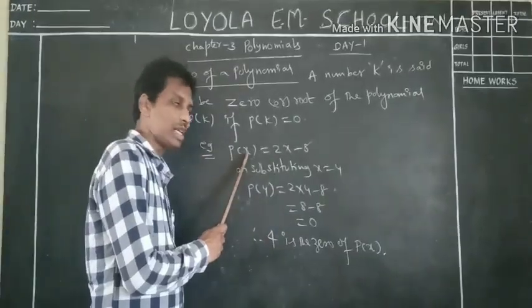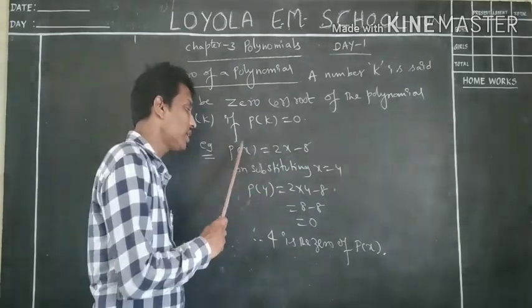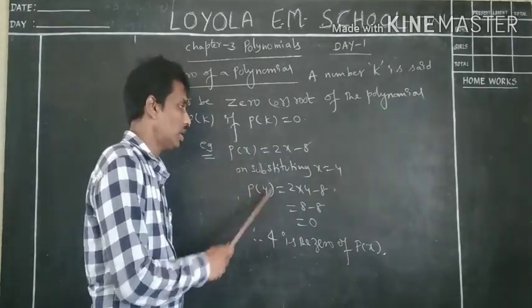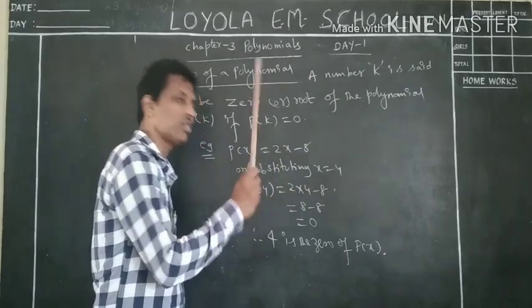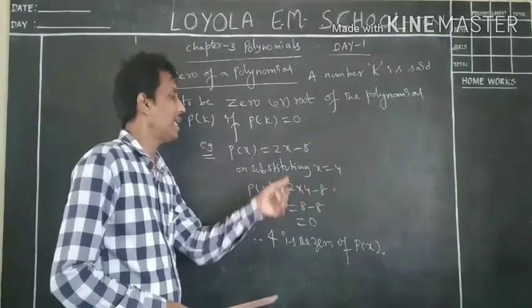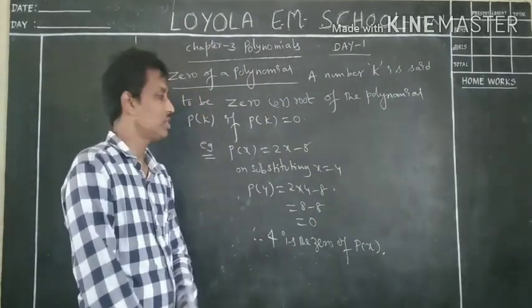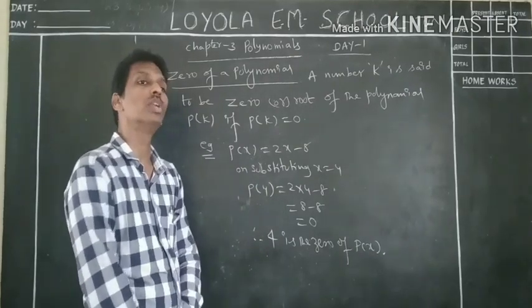On the left hand side, one x is there, and on the right hand side also one x is there. So instead of x here, I am writing 4, and instead of x here also I am writing 4. See, without writing the multiplication symbol, can I write 2x as 24? That is meaningless.